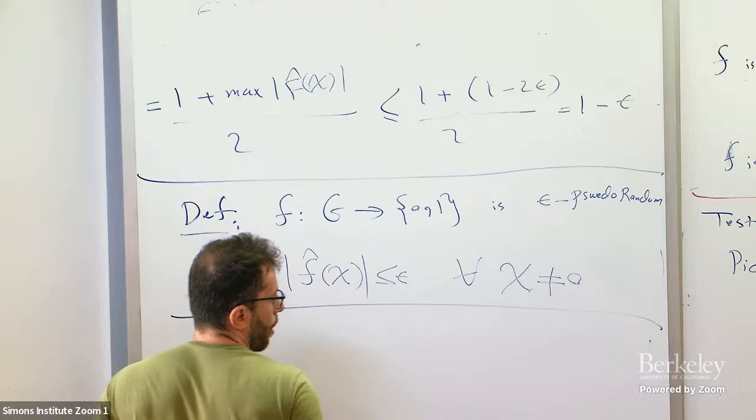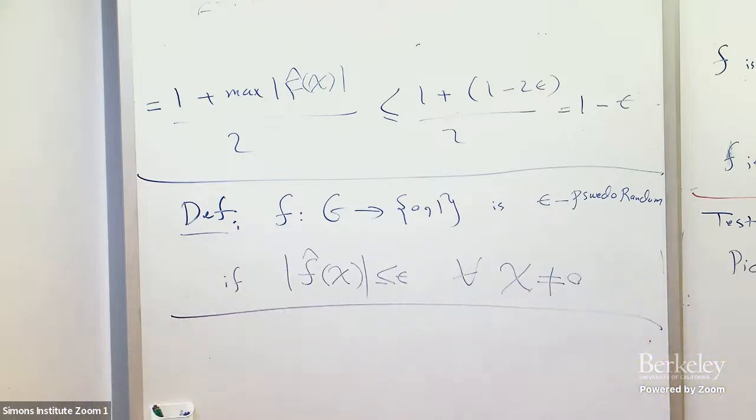So I want to show you something that looks very similar to this proof, but it's about three-term arithmetic progressions.